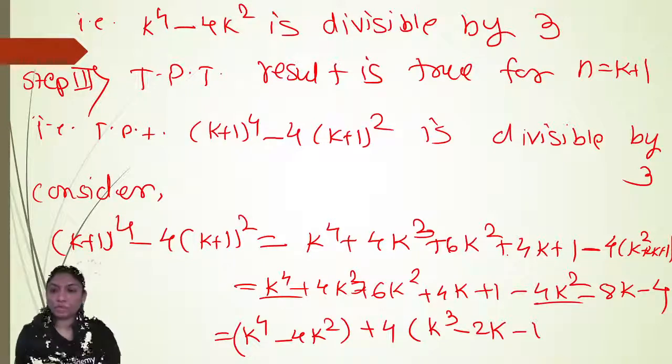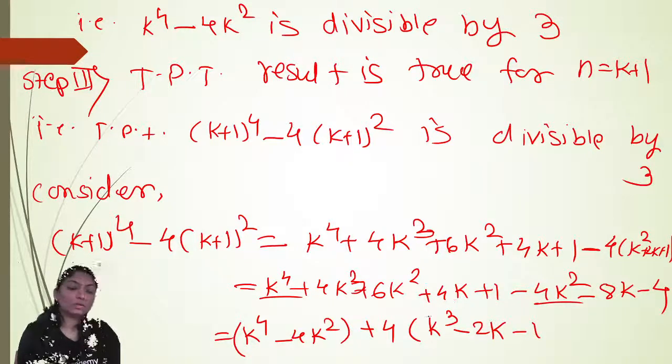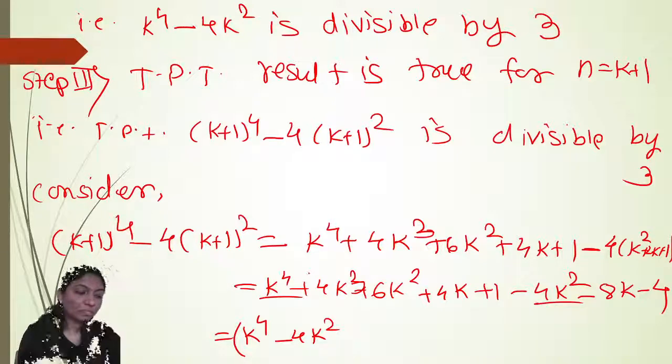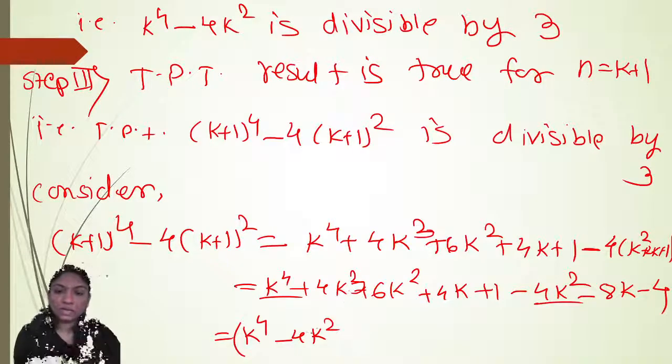Minus 8k plus 4k, so that is minus 4k. So you will get here k raised to 4 minus 4k square plus 4 into bracket k cube plus k.